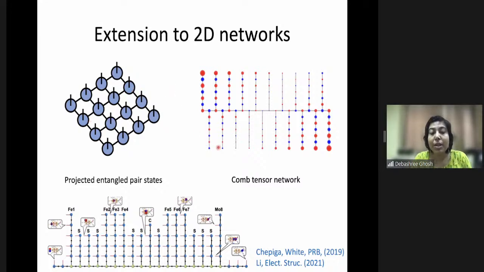Just to give you a connection between these tree tensor networks and some of the chemical systems: these iron-sulfur complexes can actually be put in a nice tree kind of a way. So each of these are sulfur orbitals, or these are all iron orbitals like that.